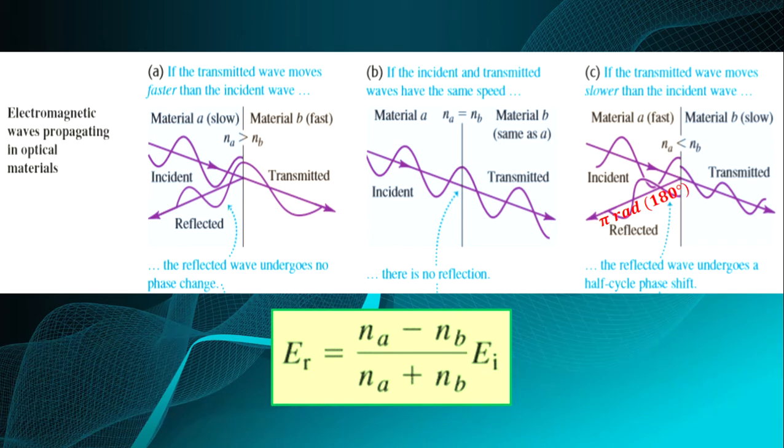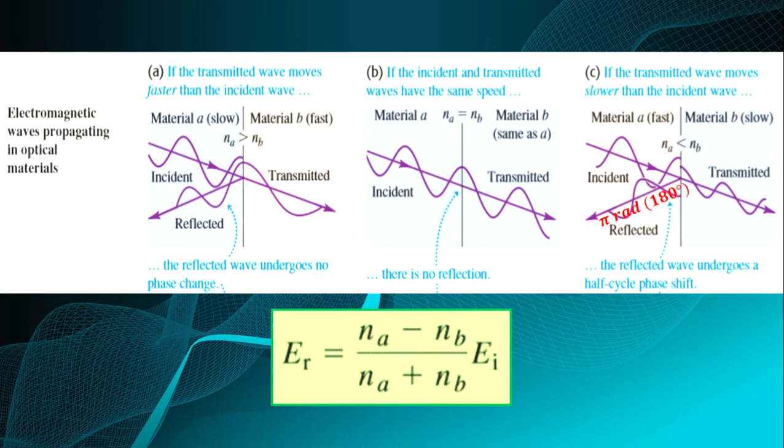In the second figure, as we can see, n sub A is equal to n sub B. So the amplitude E sub R of the reflected wave is 0. The incident light wave can't see the interface, and there is no reflected wave. In the last figure, n sub A is less than n sub B, and light travels more slowly in the second material than in the first.